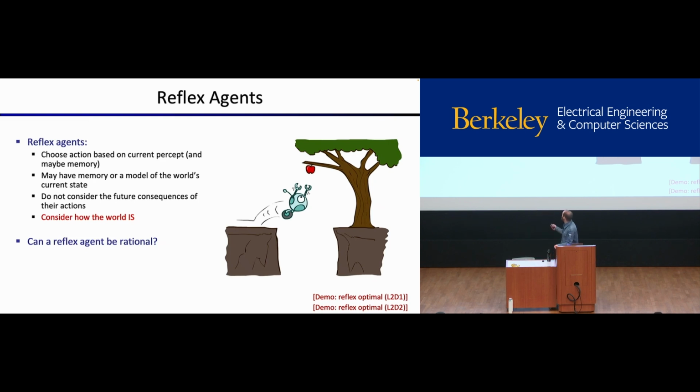It has to satisfy all these things, not just one. Yeah. I do consider future consequences. Right. Although maybe you don't always consider future consequences, so maybe sometimes you act a bit like a reflex agent.